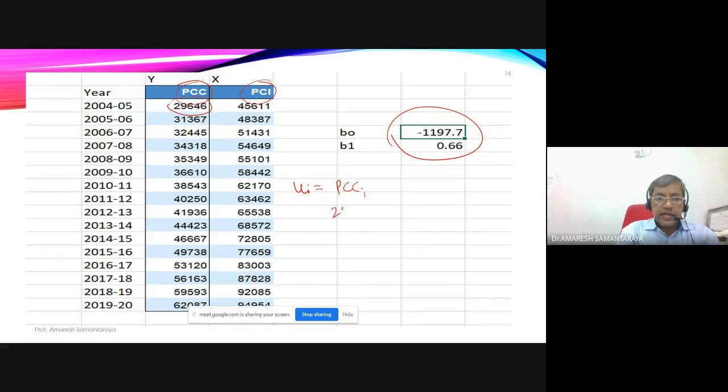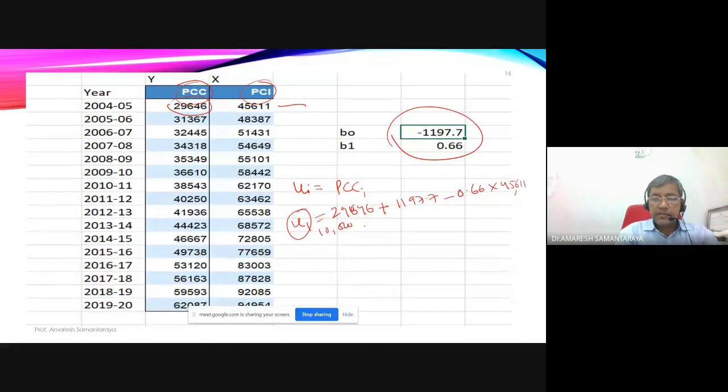So it will be 29,646 minus this amount, so this will become plus 1197.7 minus 0.66 times PCI. So PCI value is how much here? 45,611. Whatever number I get here will be my U1 for the first observation. Say it is 10,000, then my U1 is 10,000.